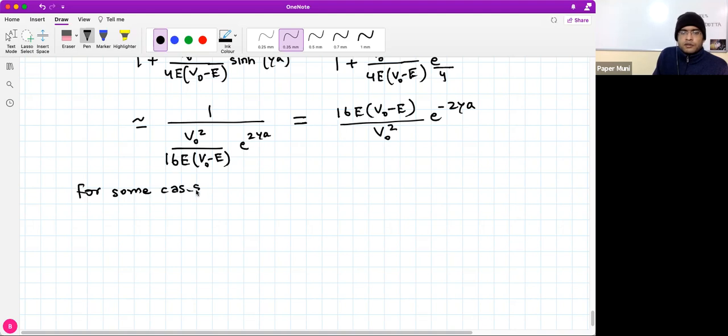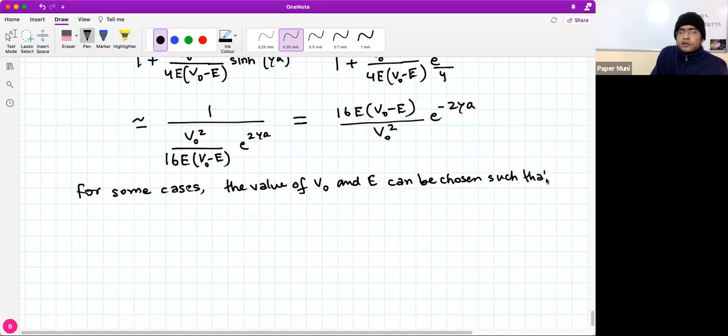So in some cases, the values of v naught and e can be chosen such that 16 e times v naught minus e, divided by v naught square, is equal to 1.